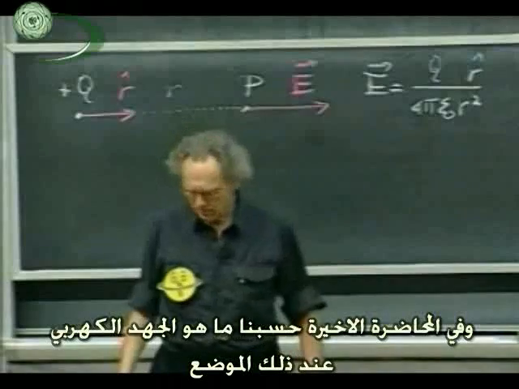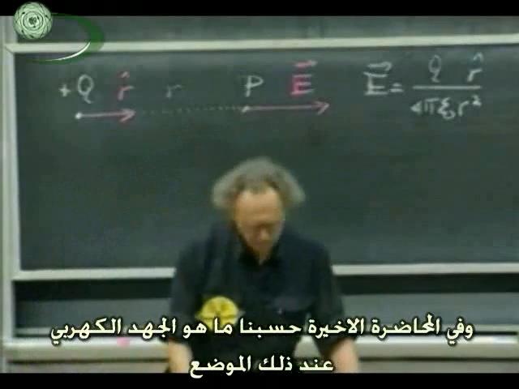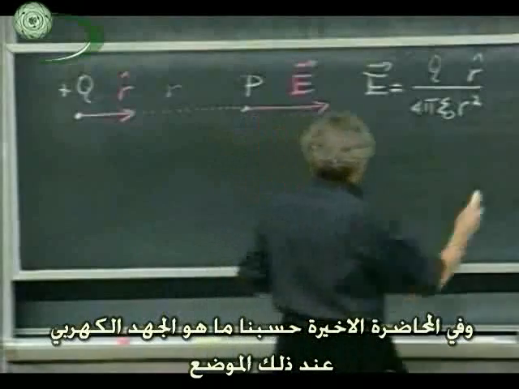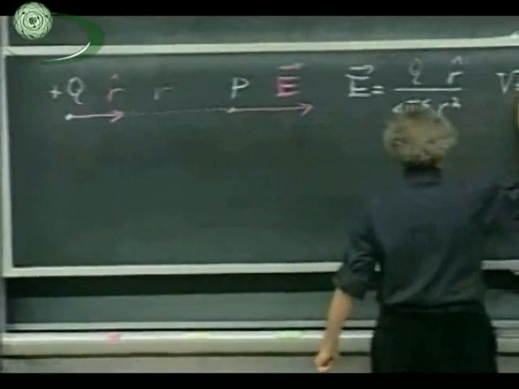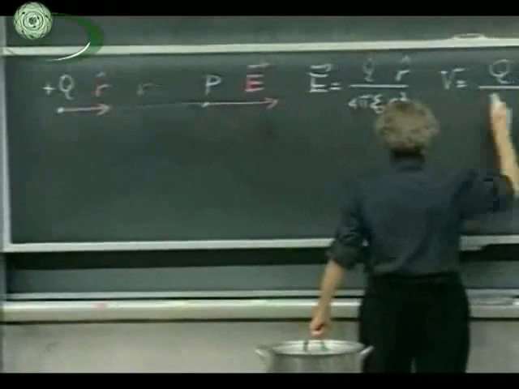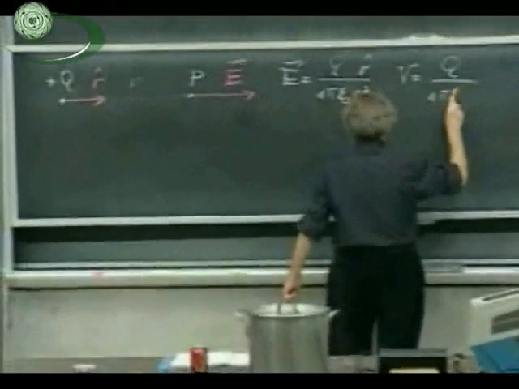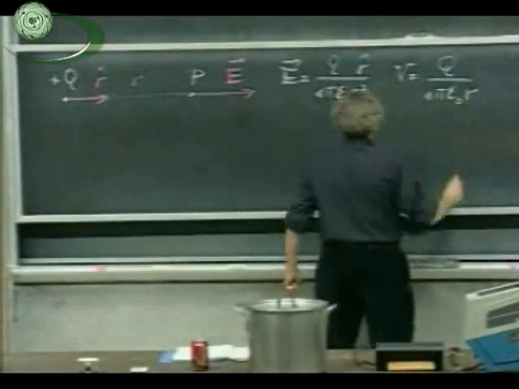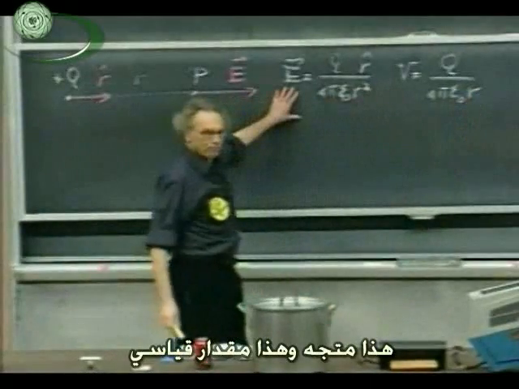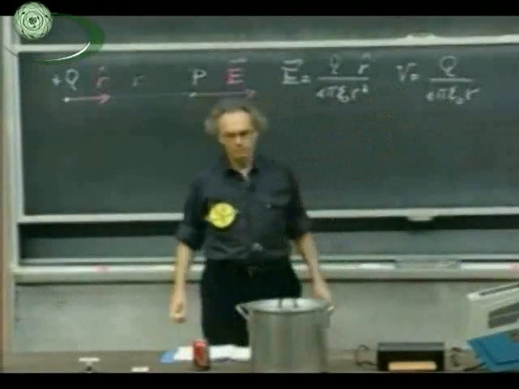And last lecture, we derived what the electric potential is at that location. The electric potential is Q divided by 4 pi epsilon 0 R. This is a vector. This is a scalar.